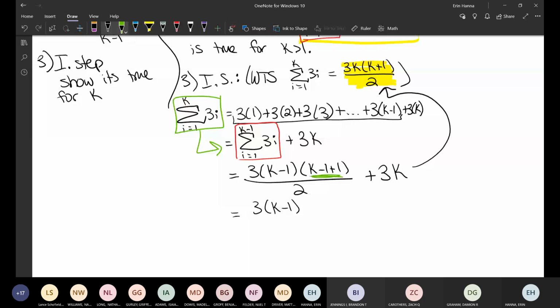So if I want to put this over 2, I have to multiply the numerator up by 2 as well. So once it catches up to me, magic. We get 6k over 2 instead of 3k. Hopefully, if I squish these together, I'm going to be able to get to 3k times k plus 1 in the numerator.